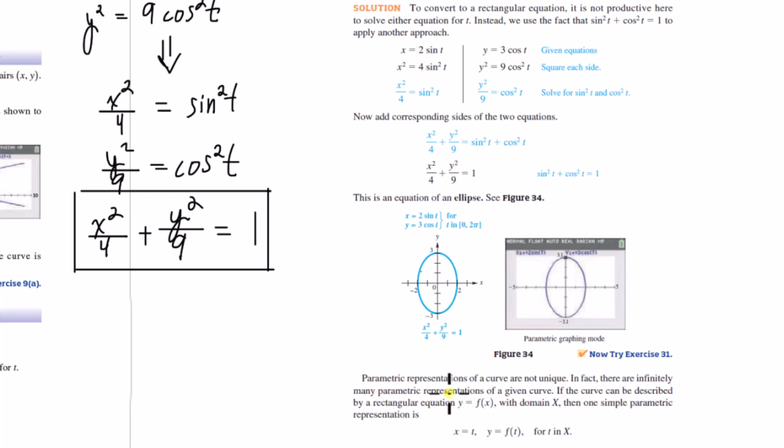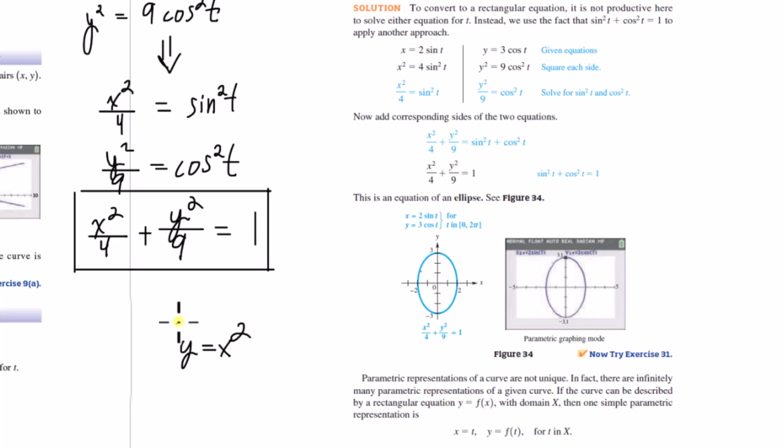If the curve can be described by a rectangular equation, y is equal to f of x with domain x, then one simple parametric representation is just to set x equal to t and y equal to f of t. So what they're saying here is if you have something like y is equal to x squared, okay?